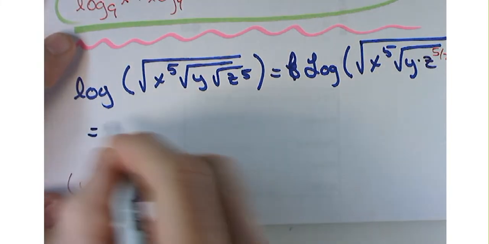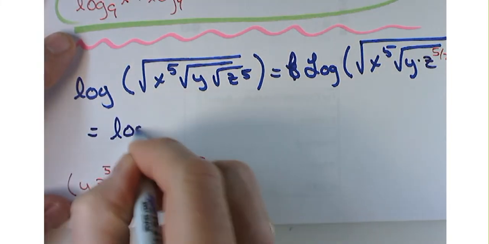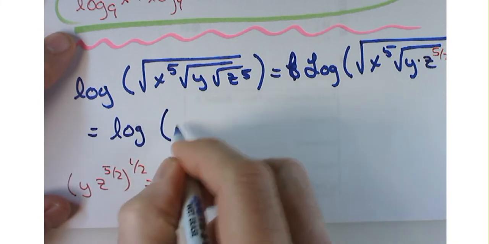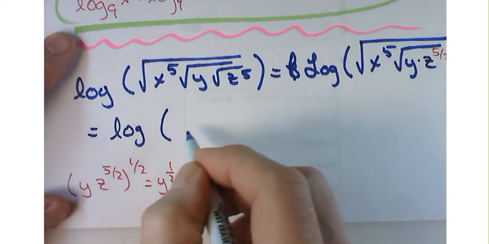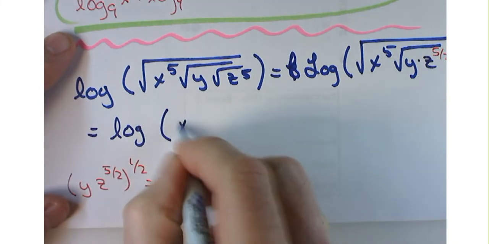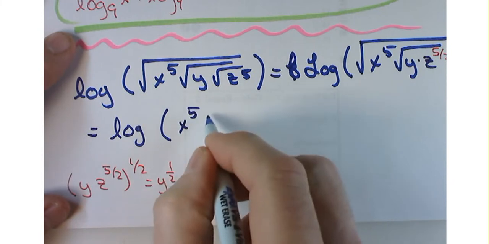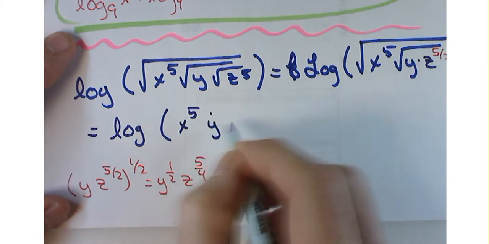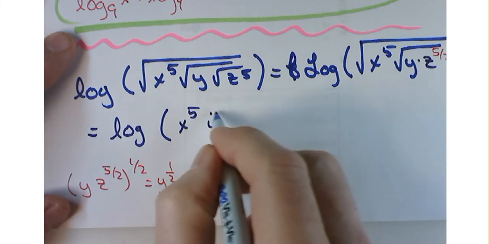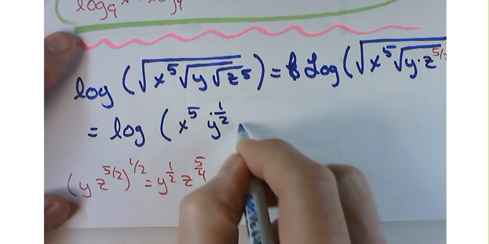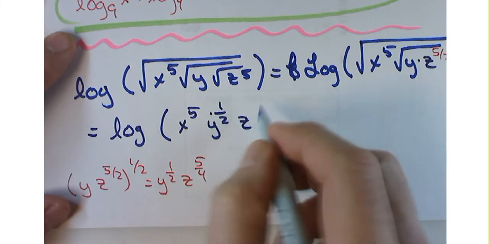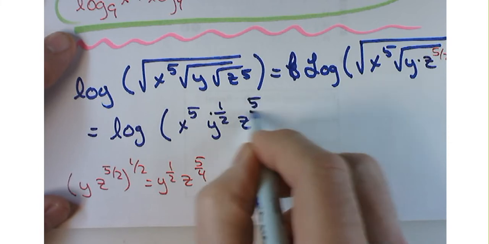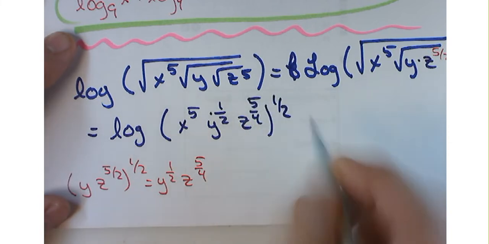All right. So this is going to become log of x to the fifth times y to the 1/2 times z to the 5/4, all to the 1/2.